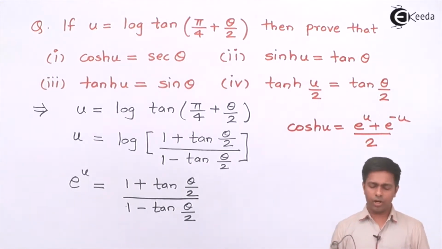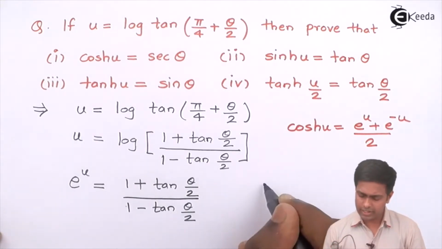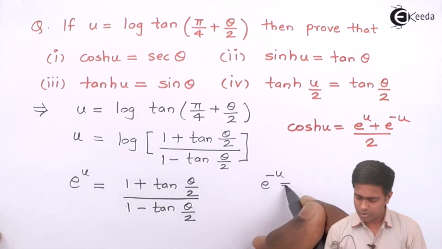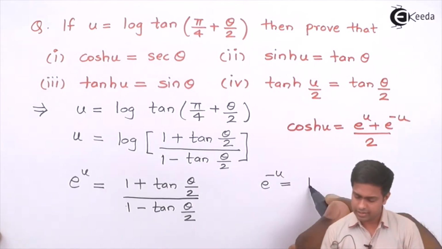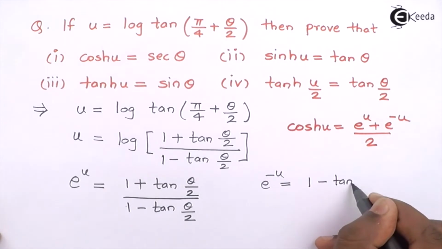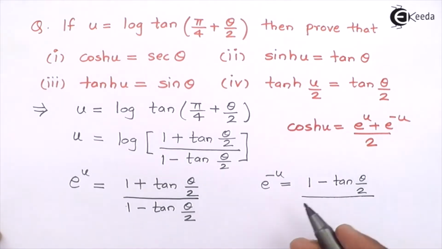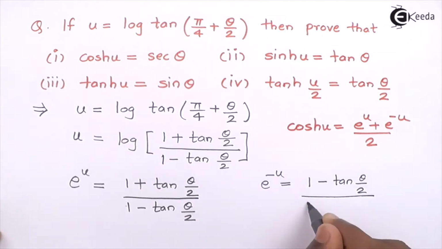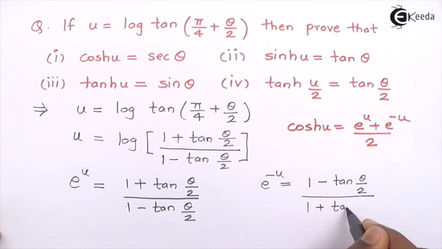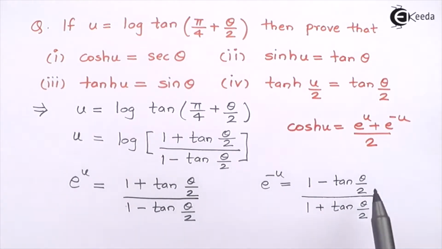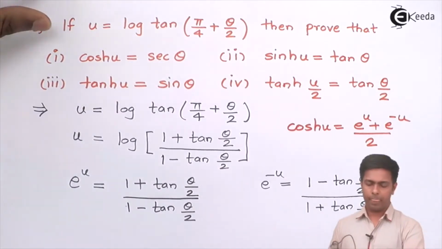So guys, here we got the value of e to the power u. So what is e to the power minus u? It is the inverse of this, that is the negative term in the numerator and the positive in the denominator. Now we'll keep these two values in the formula.